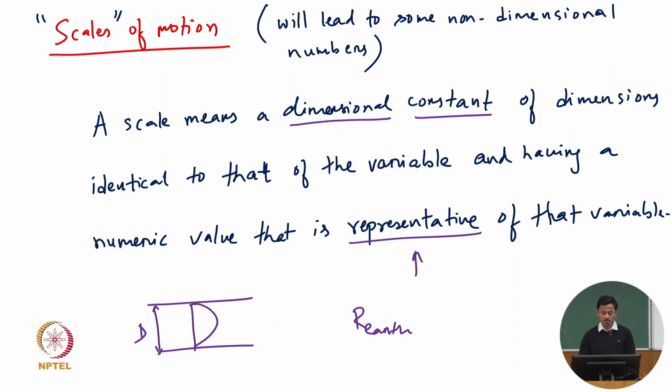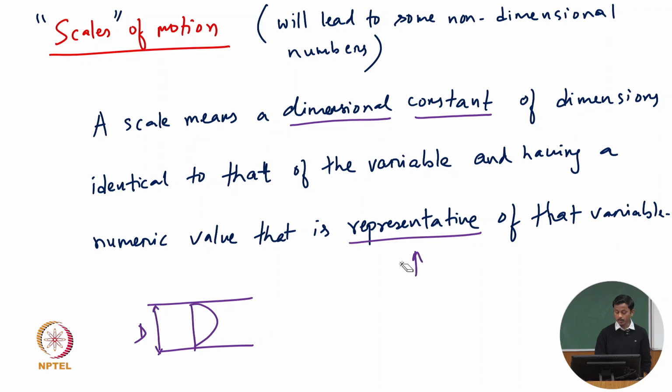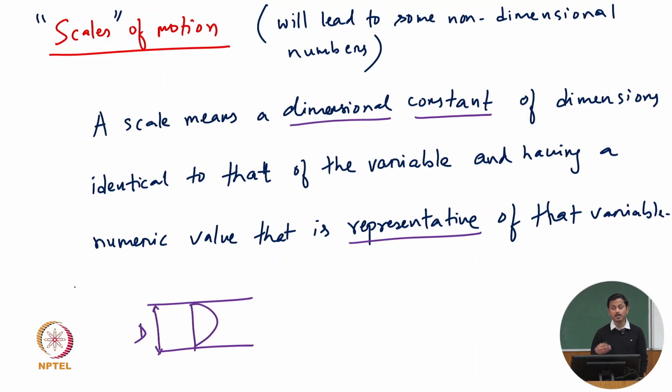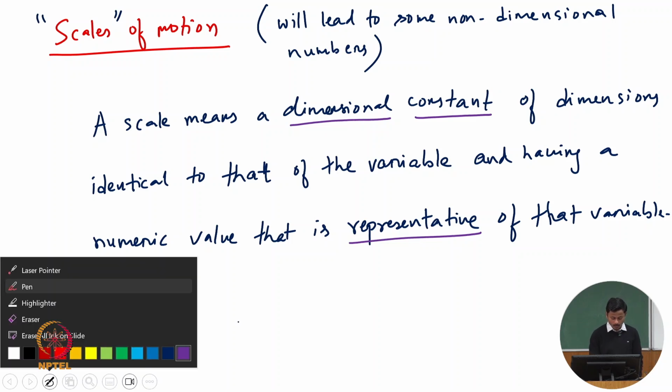So radius of earth, more than 6,000 kilometers, will not be useful for us in the case of a pipe of diameter, let's say, half a meter. So that is not a representative variable. So we have to be careful while choosing the representative scale. On that note, we will see what are the representative scales of atmosphere and ocean.